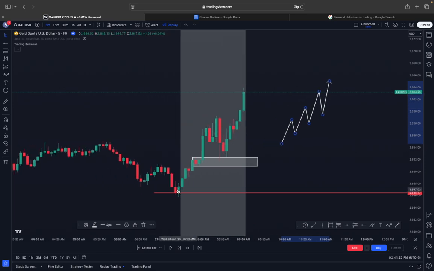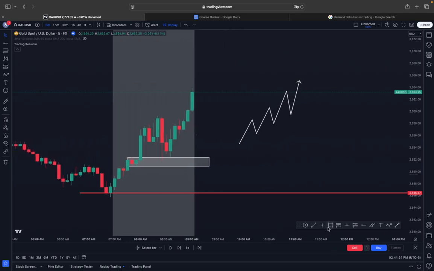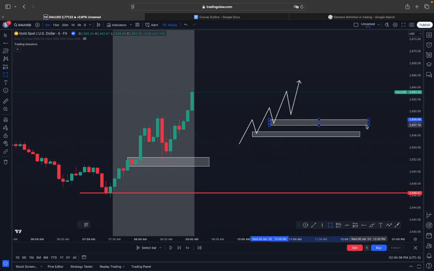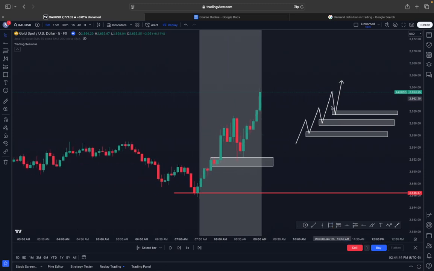We got our low, we got our higher high, we got our new higher low. That's going to create another high. On these higher lows, we're expecting a demand zone at some point to create buying momentum, continuing the trend, exactly like we got here.